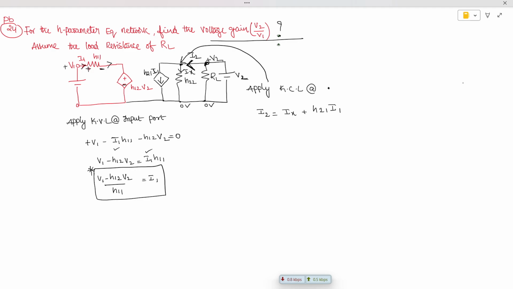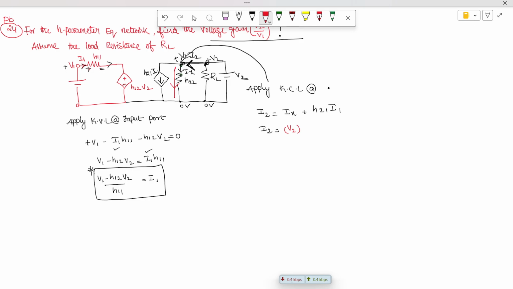What is the voltage at this point? V2. Since this is also short circuited, the voltage at this point is V2. So I can write I2 is equal to Ix. How to write the current Ix in this branch? Ix is equal to V2 multiplied by H22.